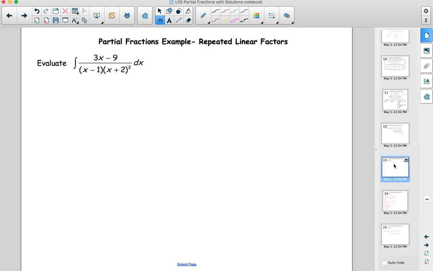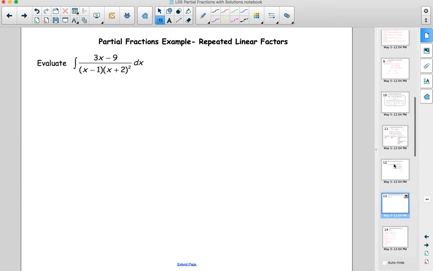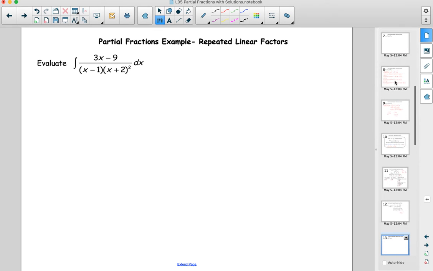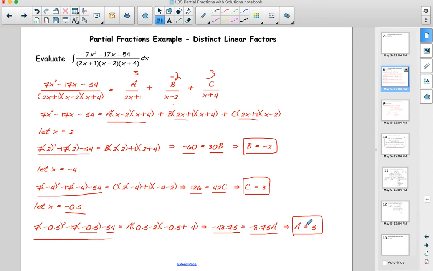All right, so now you're going to try this one, and this time I think I'm going to suggest we split it into 2 parts. It is going to be a lot of work to try and find your A, B, and C. I do not think I mentioned when we found this A, B, and C that, if this was in university, getting your common denominator would be a lot more work.